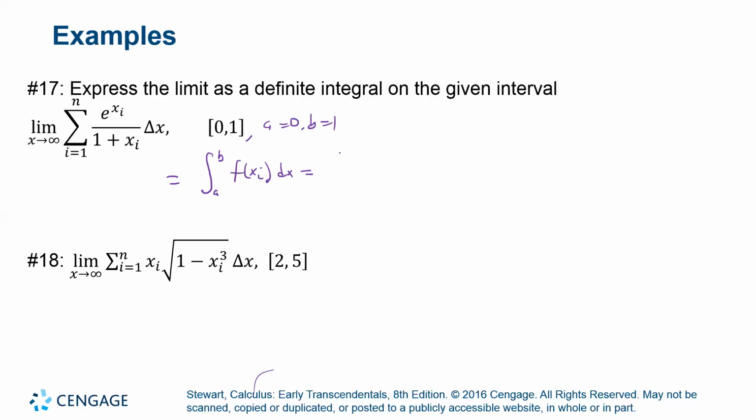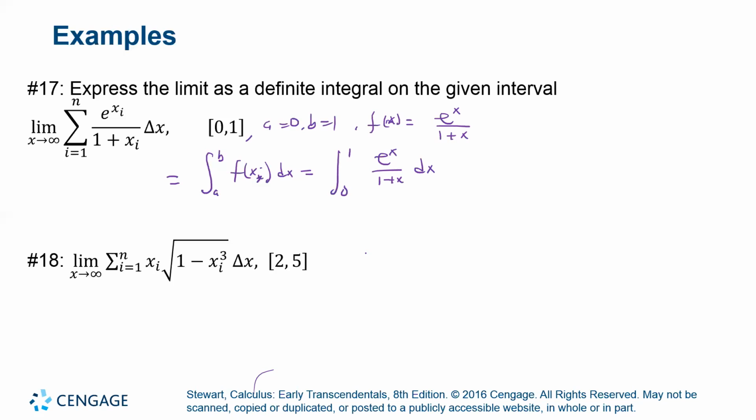Okay, so if you specify the values, this will be from 0 to 1. What's my f of x? Okay, this is f of x, not f of xi. It's f of x, and here my f of x is e raised to x divided by 1 plus x. So we're going to put e to the x over 1 plus x with respect to x.